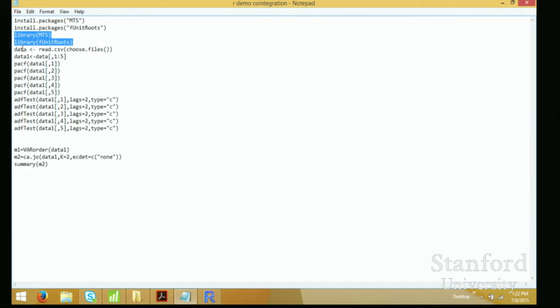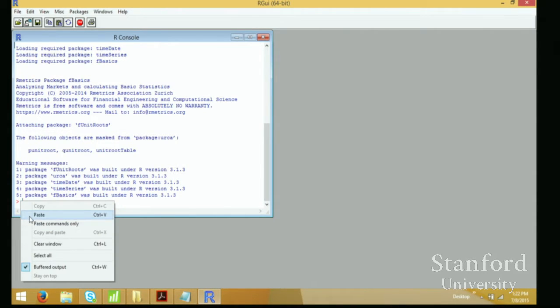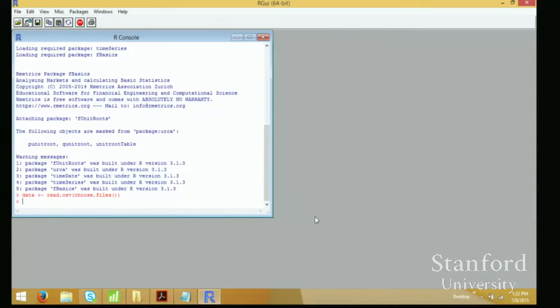So I'm going to read the data. In this file, I'm going to select only the first 5 columns.